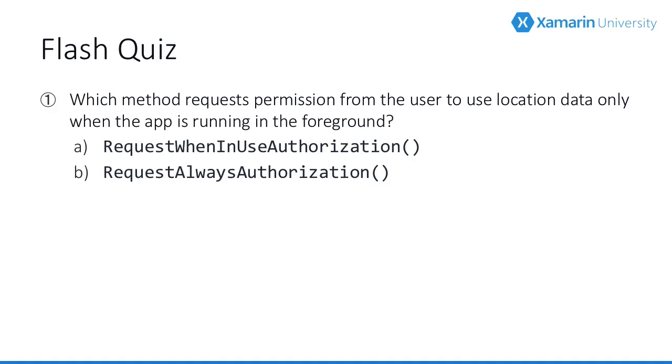Okay, so now it's time for a quick flash quiz. Which method requests permission from the user to use location data only when the app is running in the foreground? Is it A, request when in use authorization, or is it B, request always authorization? And that one is A, request when in use authorization.